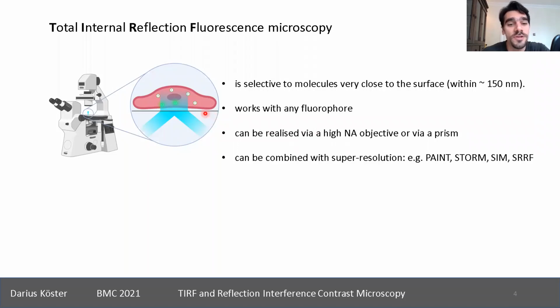There are also some other strategies for larger fields, and you can use prisms, which I can discuss briefly if someone is interested. The other nice feature of TIRF microscopy is that it can be combined with other techniques to realize super resolution microscopy, such as PAINT, STORM, SIM (structured illumination microscopy), and SURF. So once you have it, you can do a lot of different things with this principle of TIRF.